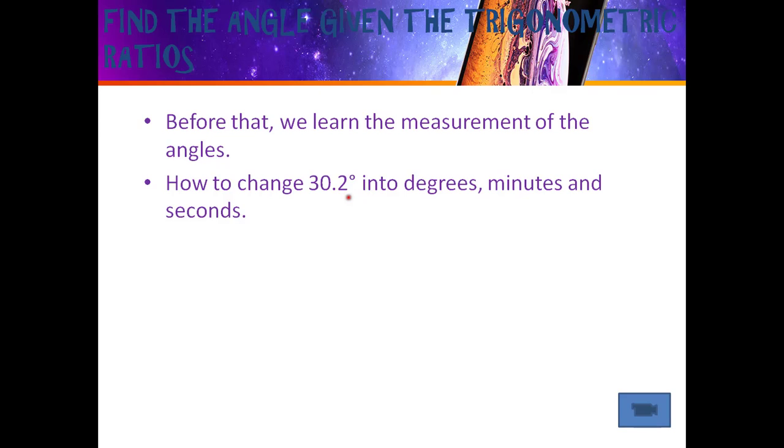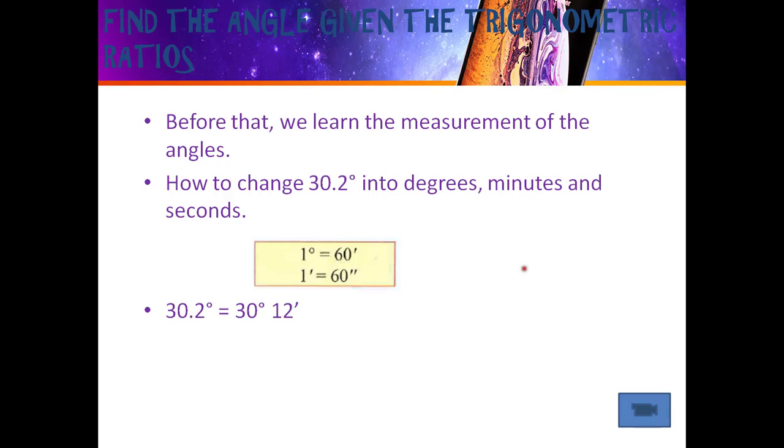So 30.2, we can split it into minutes and seconds. Before that, 1 degree is equivalent to 60 minutes and 1 minute is equivalent to 60 seconds. So it's just like our time. Seconds to minutes and then minutes to degrees.